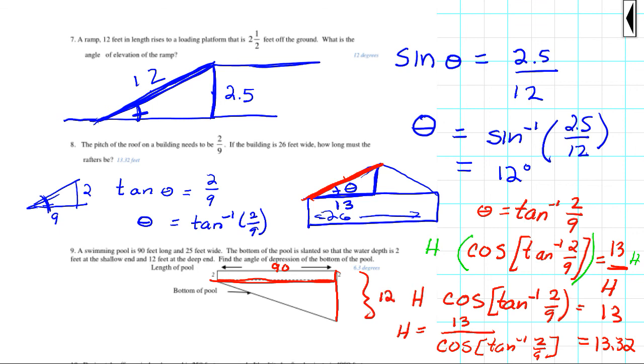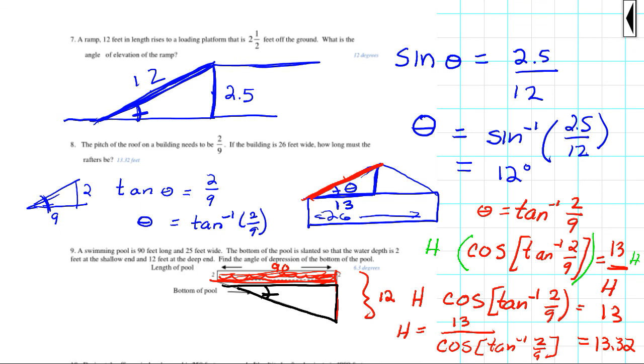But since at the shallow end, it's already got 2 feet, you have to get rid of that top 2 feet in order to be looking at the correct triangle. So this is the triangle we want to be analyzing, where that is the angle.